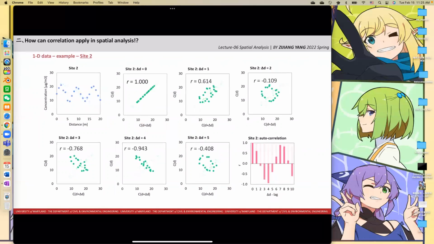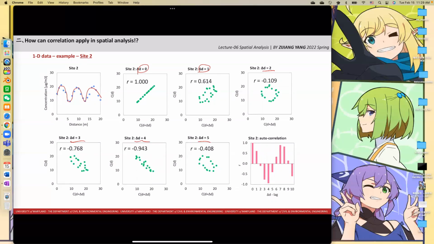And then let's look at another one. For site 2, we notice that it has an oscillation or fluctuation with a certain period. Again, we can do the calculation with delta D equals 0, 1, 2, 3, 4, and 5.